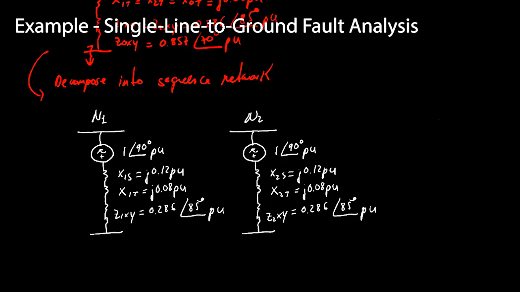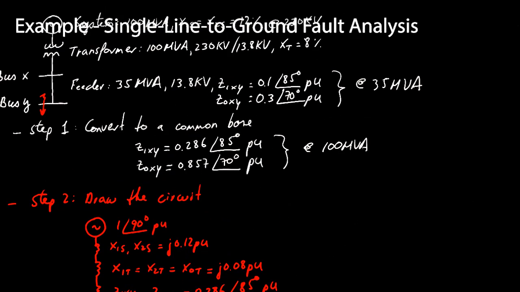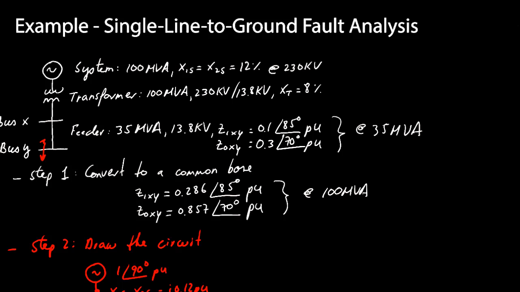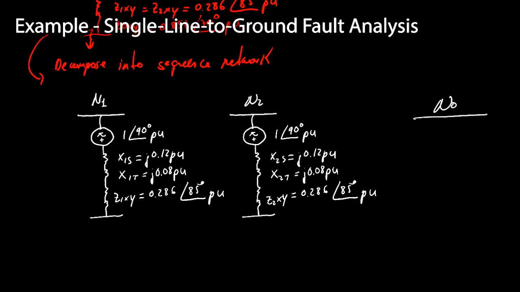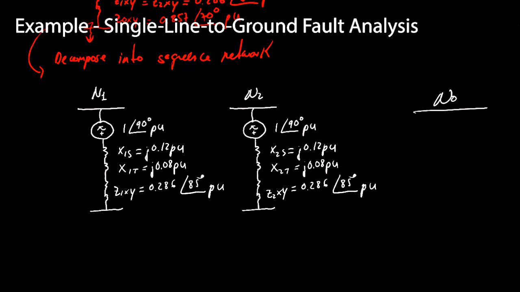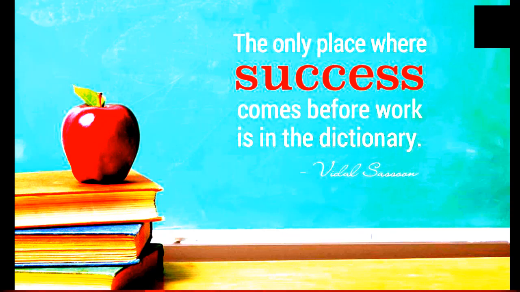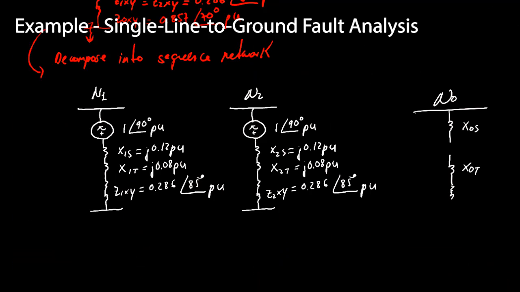And then lastly, we have the zero sequence network over here. But now notice here that the transformer is connected, and I forgot to put it over here, but it's connected delta on the high side. So the effect that that has is that it blocks the flow of zero sequence current. So when we come here to our sequence network, we're going to have the same system impedance over here, transformer impedance, and feeder impedance.